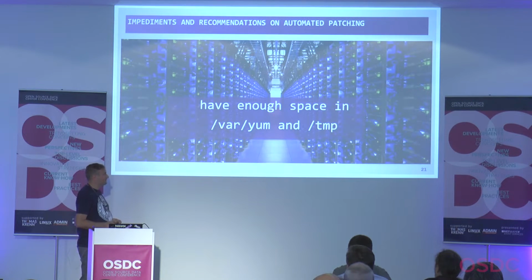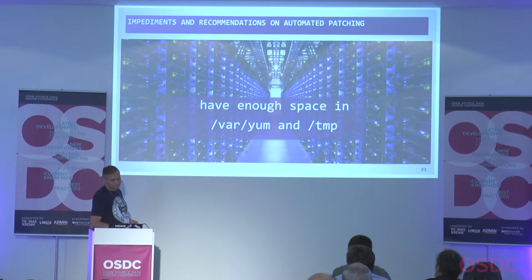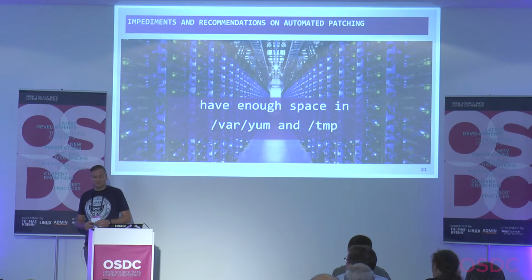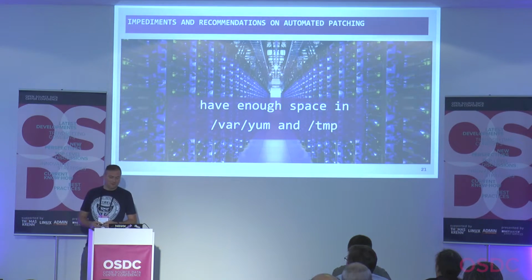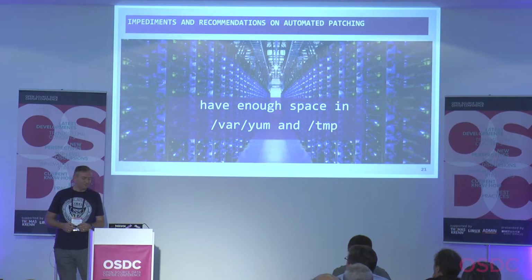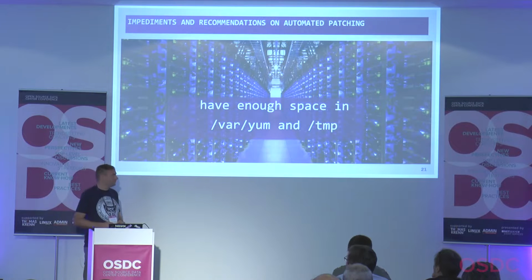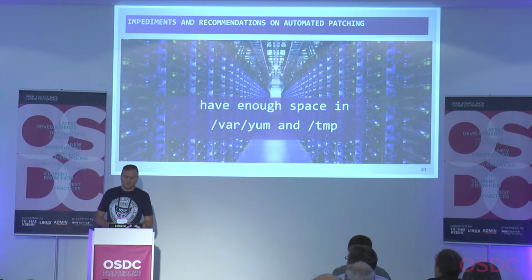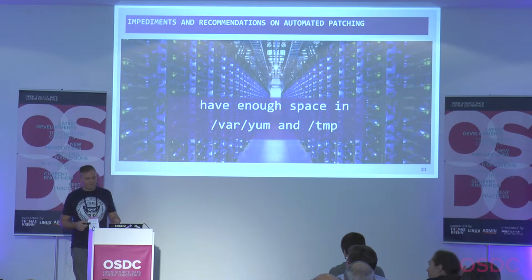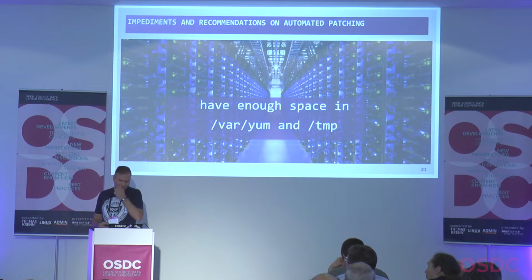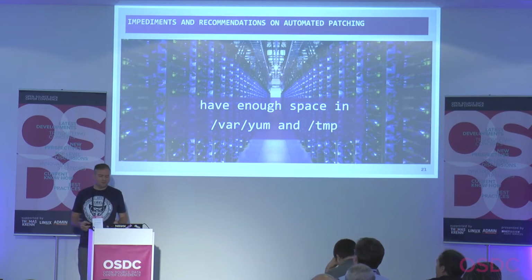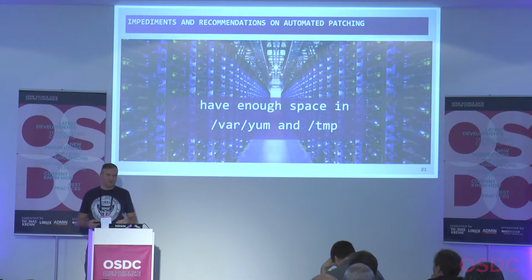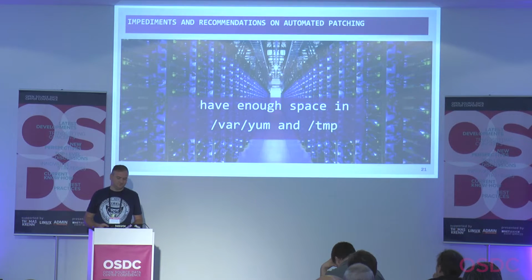And even in the temp, when you install a new kernel, it uses the temp space, and if the temp space is not big enough, it will not do the mkinit, and the machine comes up with a kernel panic. That also happens. So maybe have a look with some pre-tasks, or even do it in the monitoring, that you have the levels adjusted so that there is enough space.